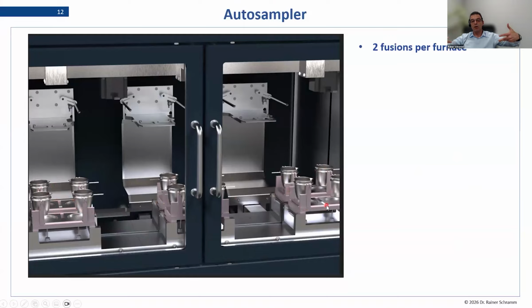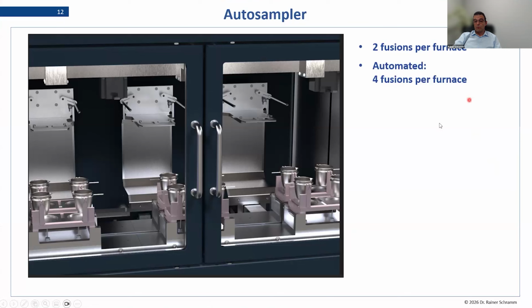So that means when 6 are in the furnace, you load the next 6, and when the 6 are coming out of the furnace and will be placed on the cooling, the next 6 already go into the furnace. So in this way you have higher throughput, higher degree of automation, and you can do up to 12 samples automatically.